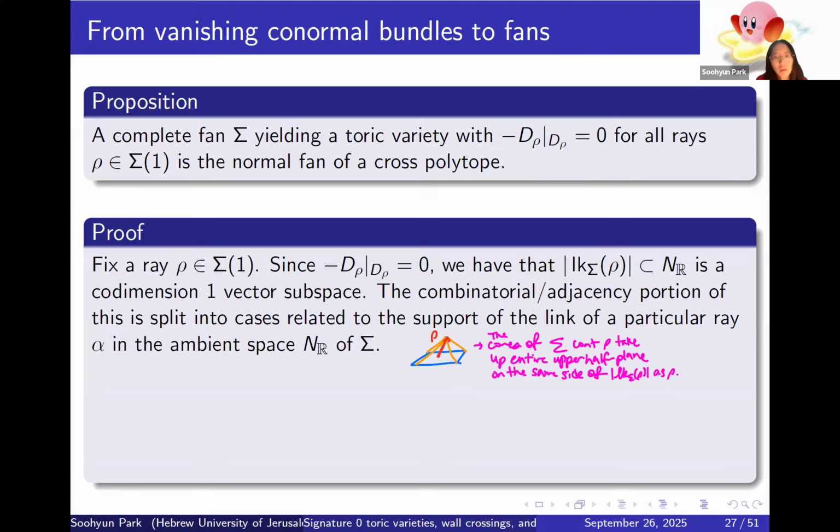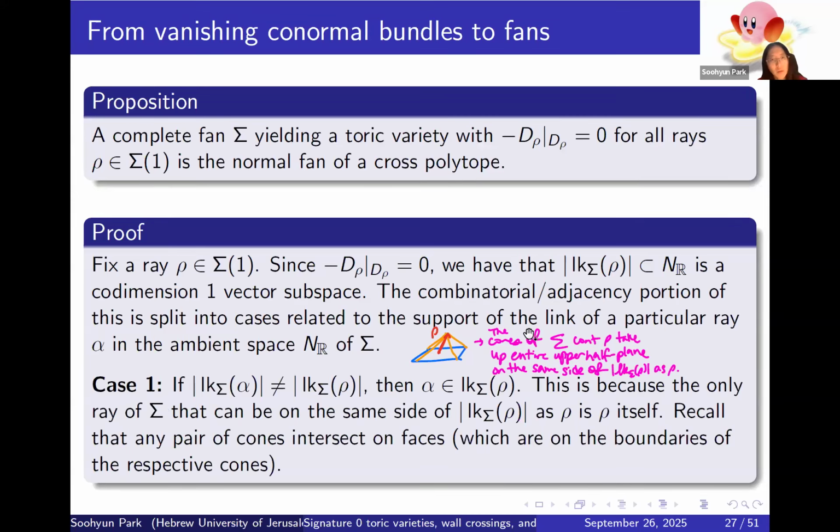So it's a hyperplane. And because it's an actual hyperplane and not bent up like this or something, the maximal cones of the fan that contain rho actually take up the entire upper half plane on the same side of this hyperplane as rho. And what that means is you can't have any other rays on that side.